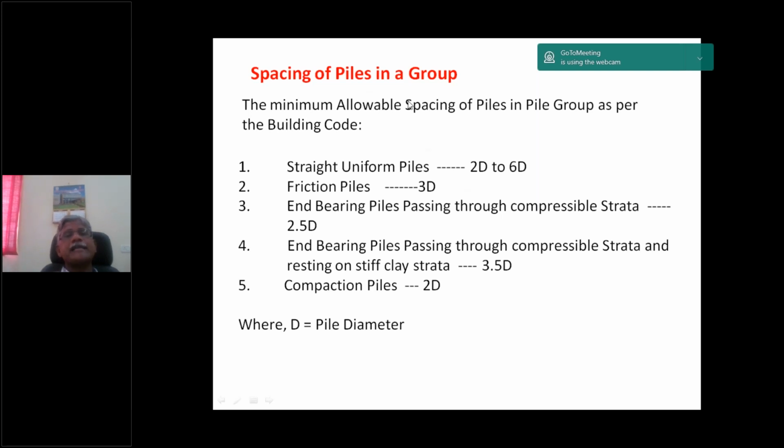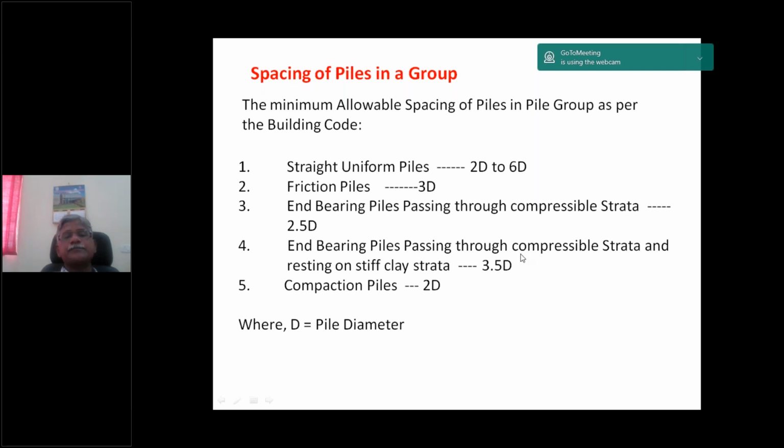And for the spacing of piles in a group, for straight uniform piles, the spacing should be 2 times the diameter to 6 times the diameter. In the case of friction piles, the minimum spacing should be 3 times the diameter. End bearing piles passing through compressible strata, the minimum spacing should be 2.5 times the diameter of the pile.